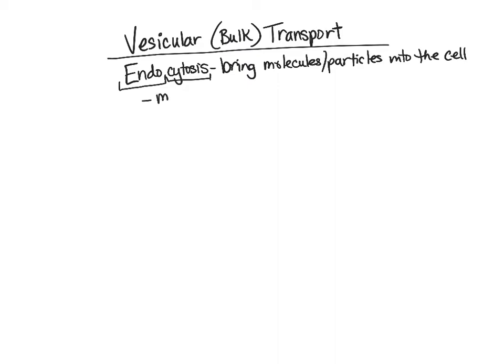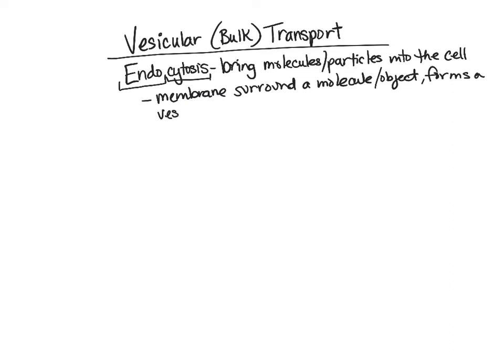So the membrane is going to surround a molecule or an object, and then it forms a vesicle, because all of these things are made up of plasma membrane, and then it contains the object in the cell.